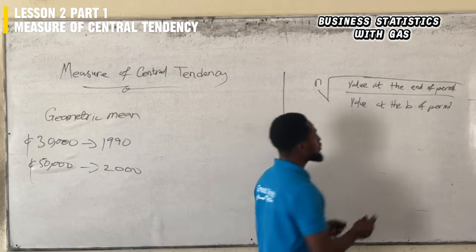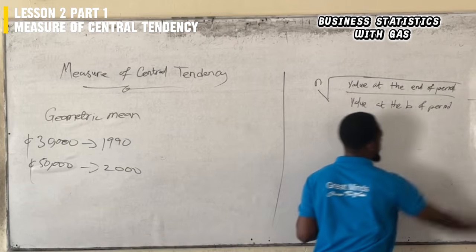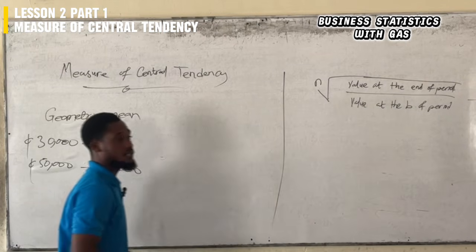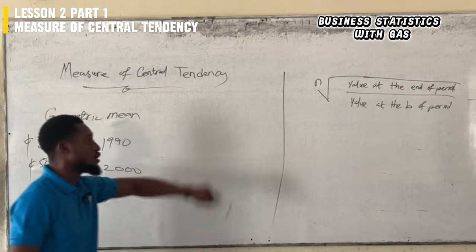The 1 shouldn't be inside the root, so please, the 1 should be out, so minus 1. So this is the application we are talking about. So I repeat the question, then we use this formula to solve the question.